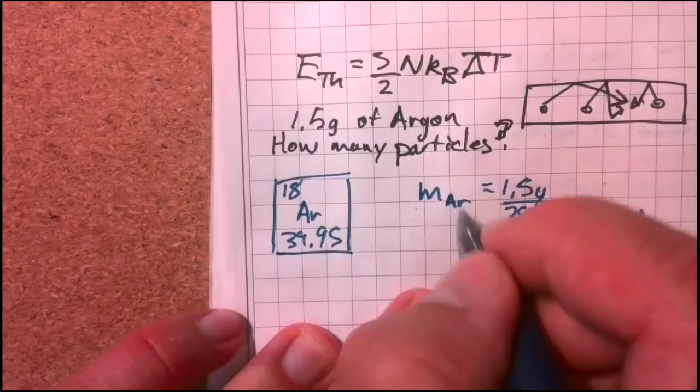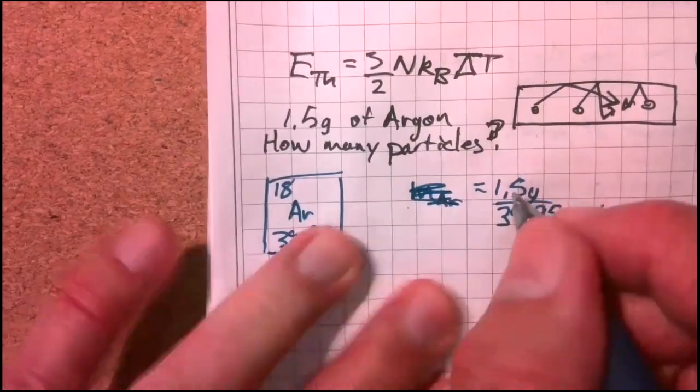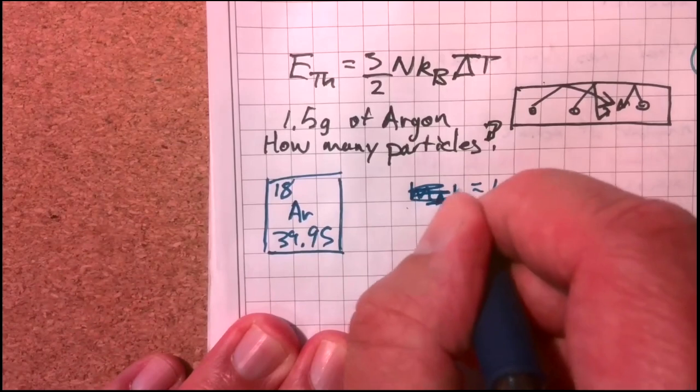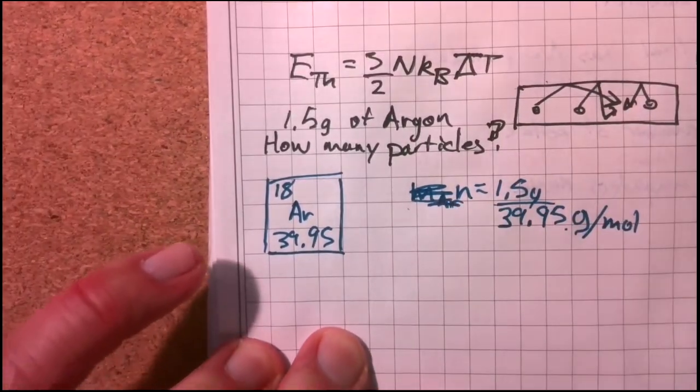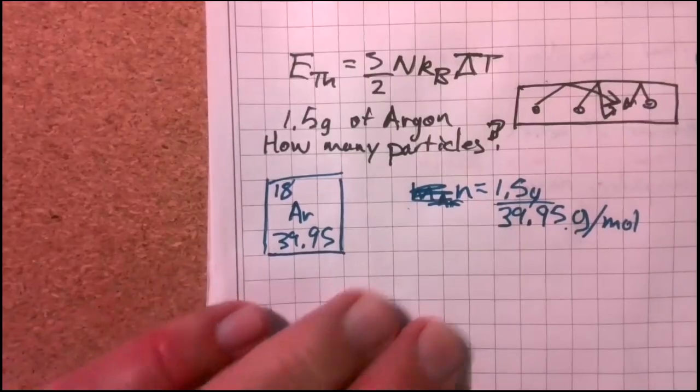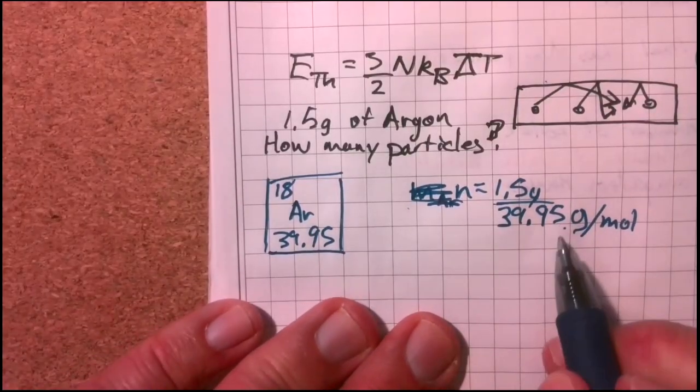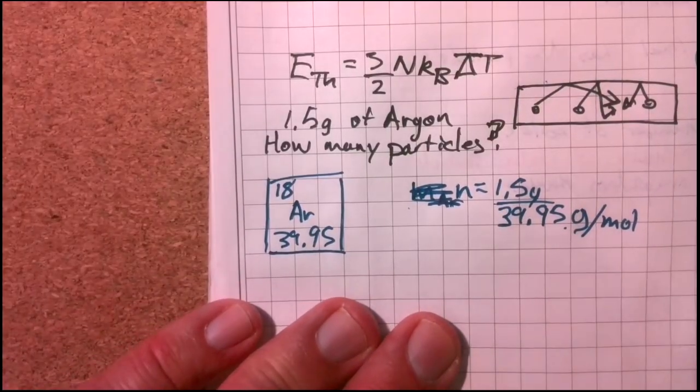This is going to give us the number of moles. Little n is the number of moles in our problem.